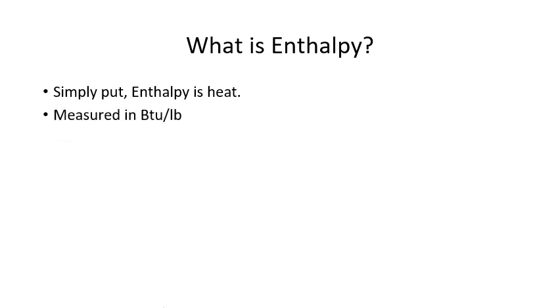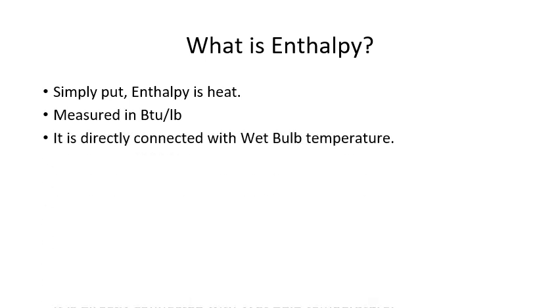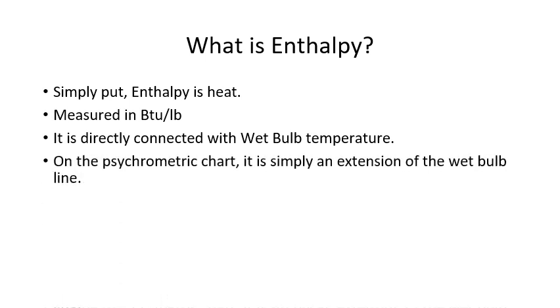Enthalpy is heat. Its unit for measurement is just the same as sensible and latent heat. It's BTUs per pound of dry air. And it is directly connected with wet bulb temperature. So enthalpy takes into consideration the moisture level in the air. And on the psychrometric chart, it's simply an extension of the wet bulb line.